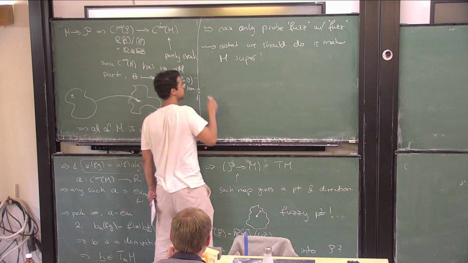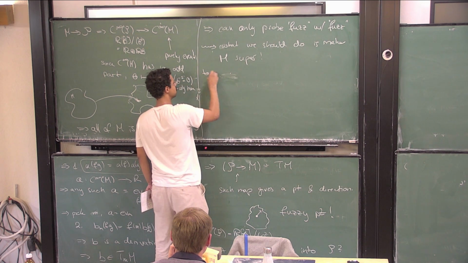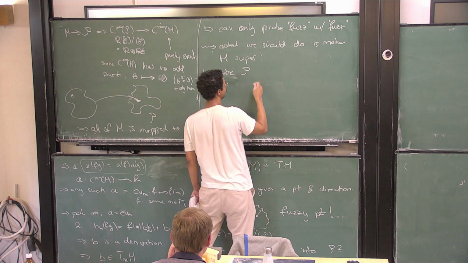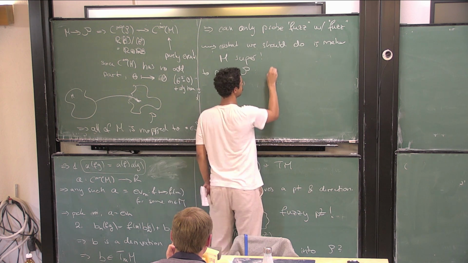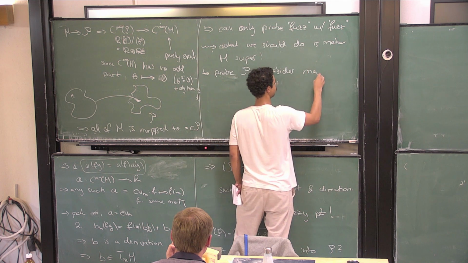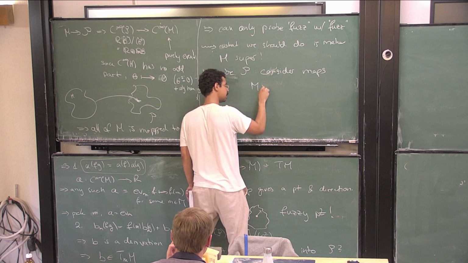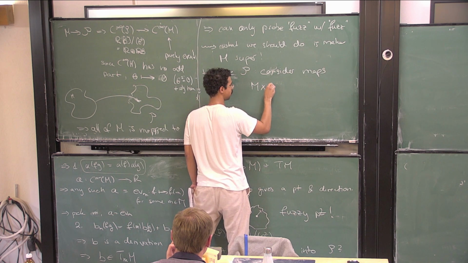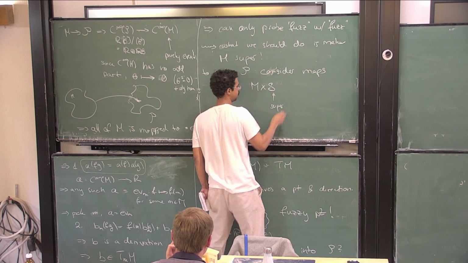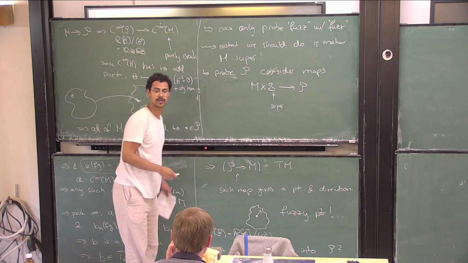So what you would then do, to probe the supermanifold P, is consider maps where you have M times the super thing, like any other supermanifold, into P, because now this fuzz can probe this fuzz.